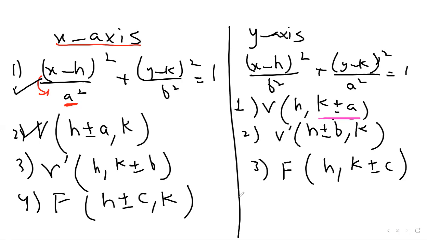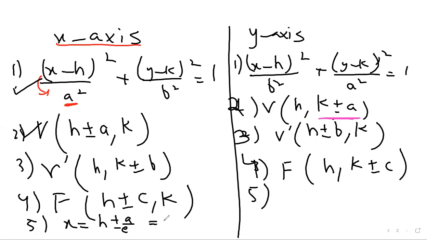Equation of directrices. This is 1, this is 2, this is 3, this is 4. Now, equation of directrices is the 5th point. If the ellipse lies on the x-axis, then equation of directrix will be x is equal to h plus minus a upon e.